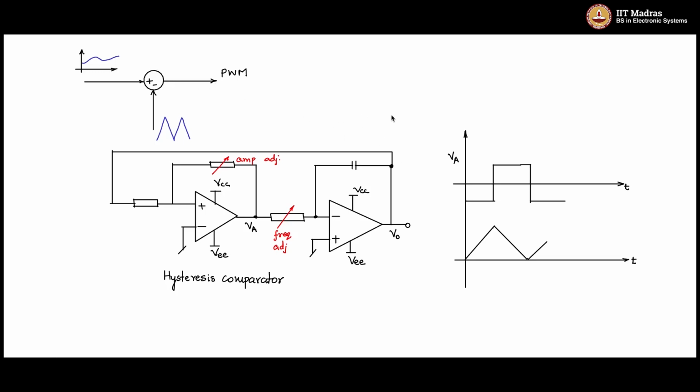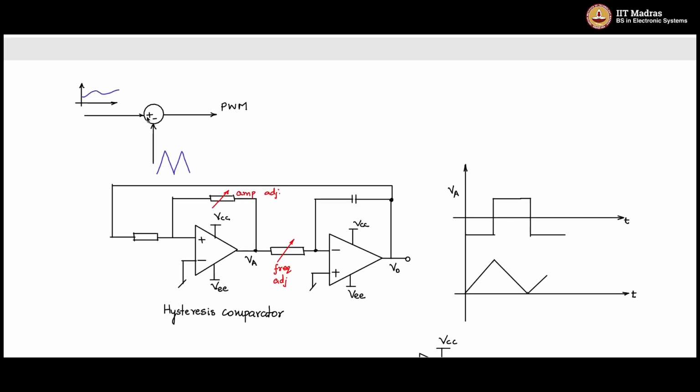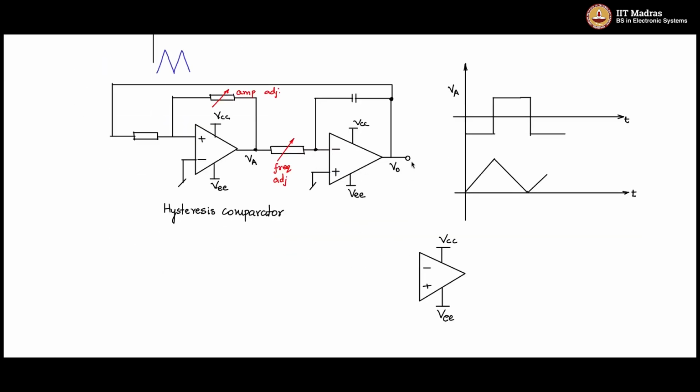So let us continue the circuit and add one more op-amp to complete the PWM. So I will draw an op-amp here. Don't forget plus 15, minus 15, VCC and VEE. So these are the two terminals, and I will give the negative terminal to this triangle which is generated, and I'll have a modulating signal.